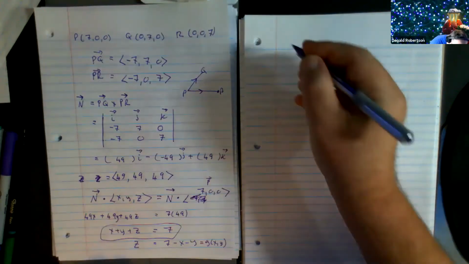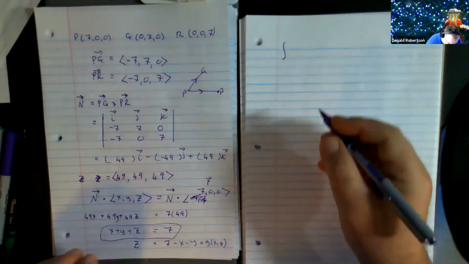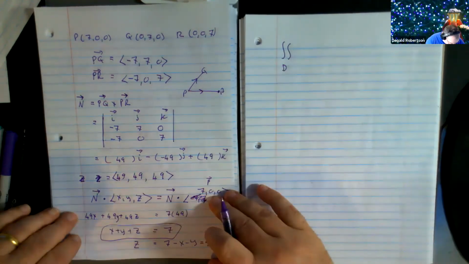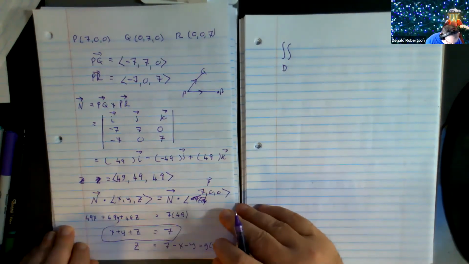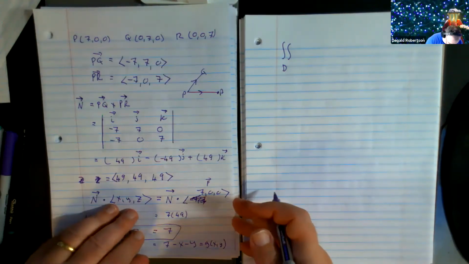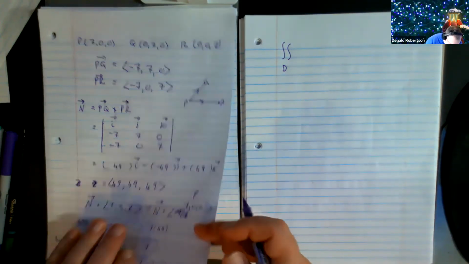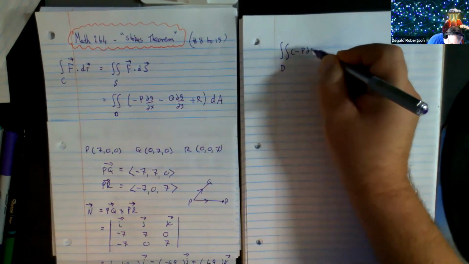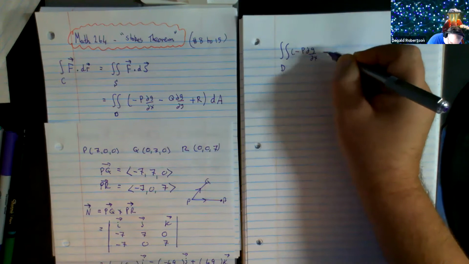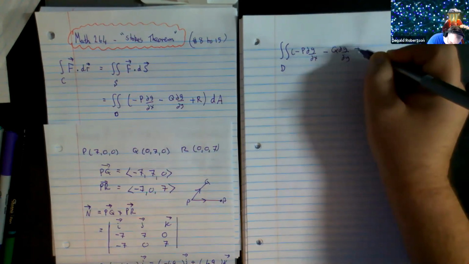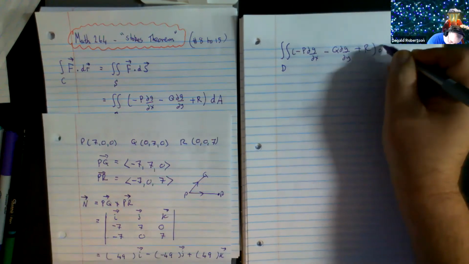Just put that there for a second. So I'm going to find this double integral of the region D, which is this guy here. We're going to do it using negative p dg by dx, take away q dg dy, add r, and I'm going to do dA.